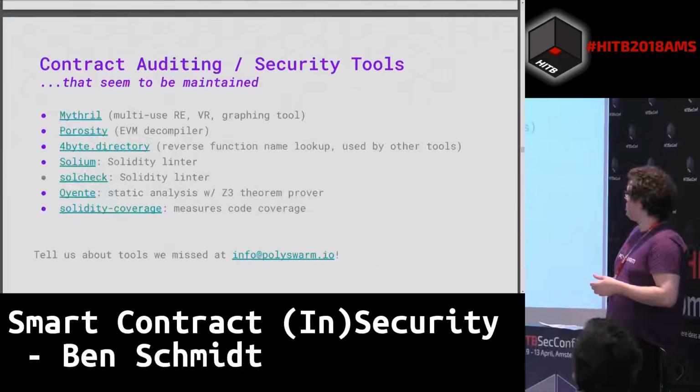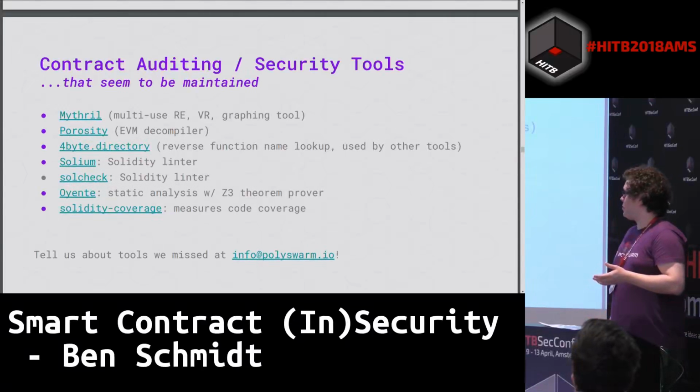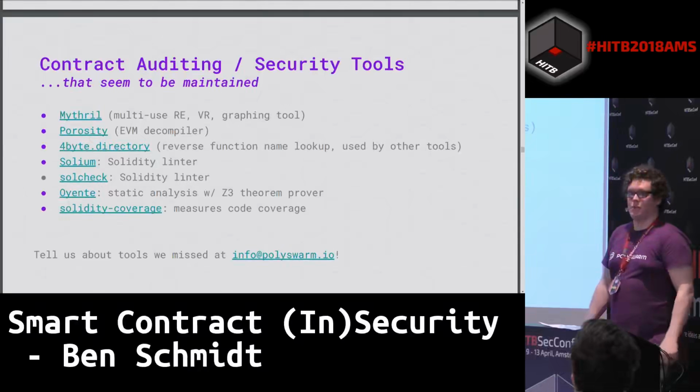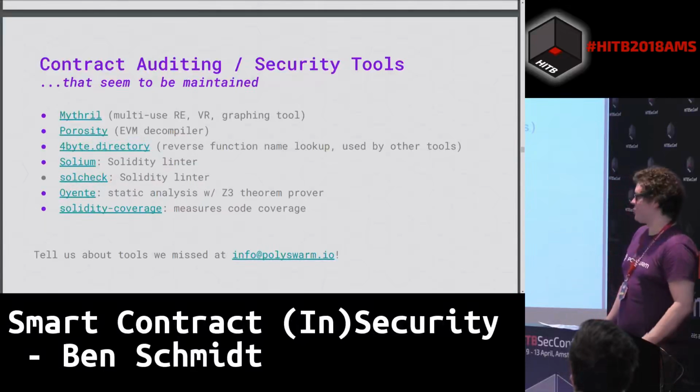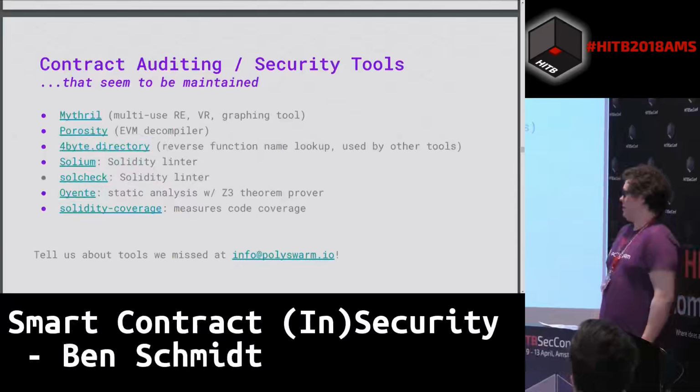I think I'm running a little low on time here, but there's a bunch of really great tools out there that are still under active development. These are pretty new. Mithril is really cool, trying to do symbolic analysis and things like that on smart contracts.